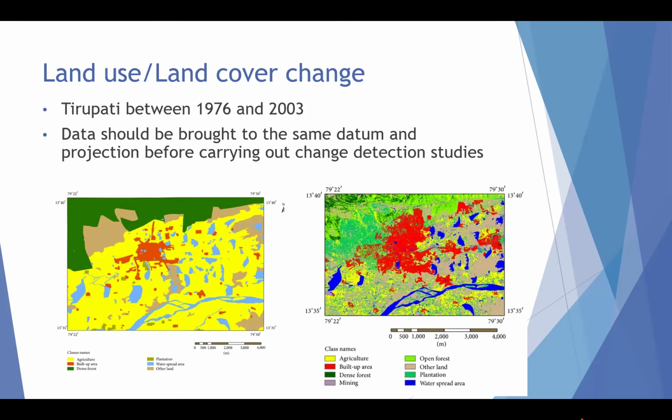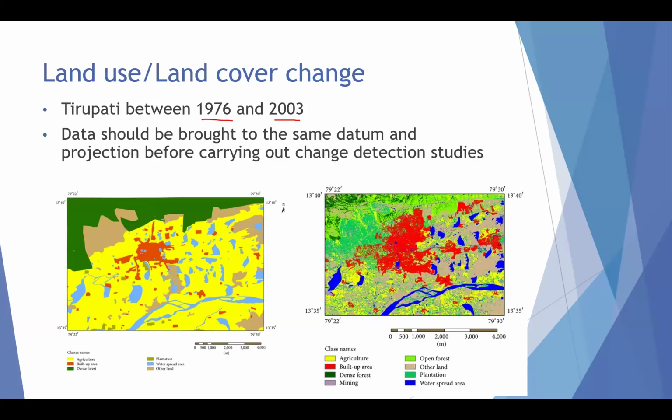Now you see here, this is a town like Tirupati, and how the land use, land cover has changed over a period of time. Maybe you can use the old topo sheets or some old satellite images, and just compare. You can see that so many water bodies are lost, and agricultural fields are converted into, see, this red color is the urban area.